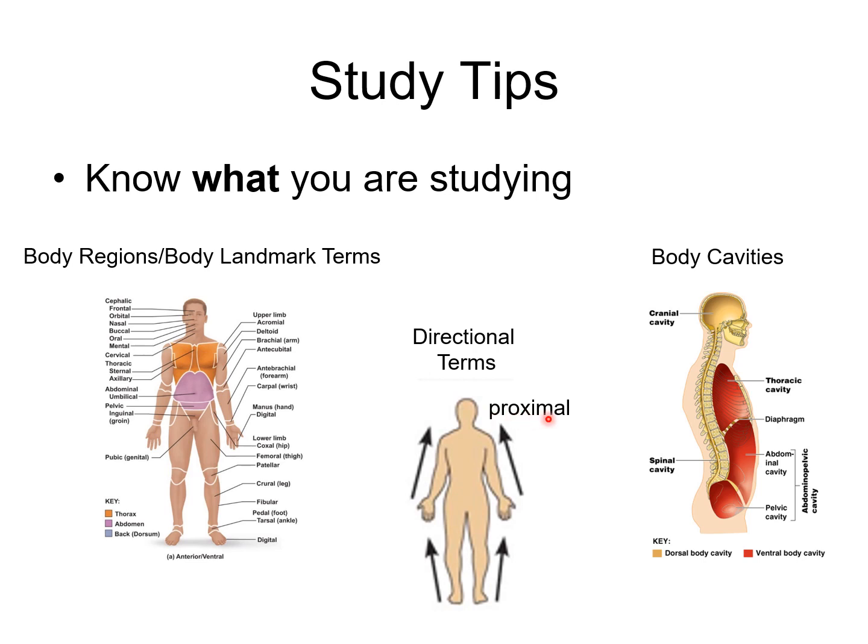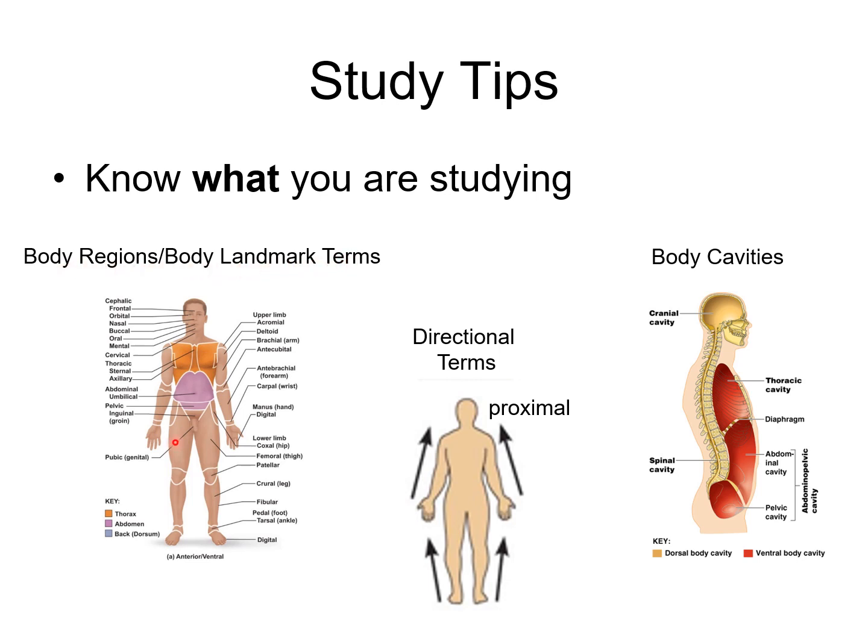And the term proximal is a directional term. So why is it important that you know that proximal is a directional term, that these are cavities, and that these are body landmarks? Well, often I will include these words in a question.